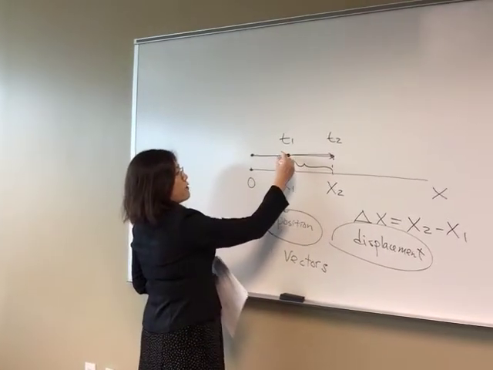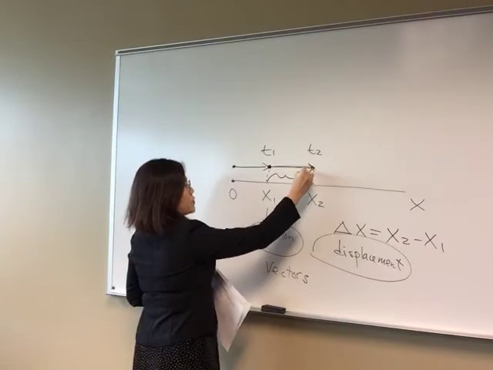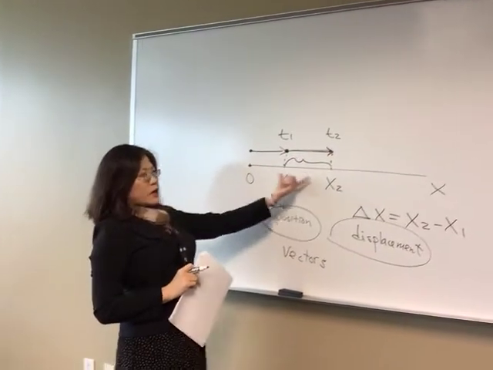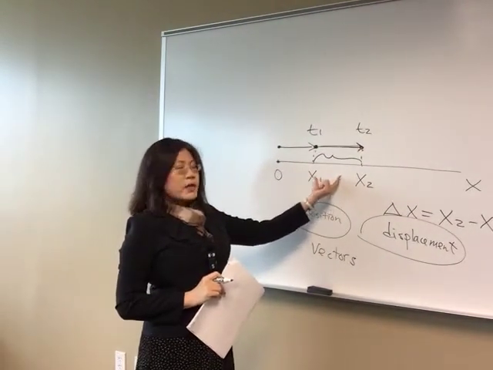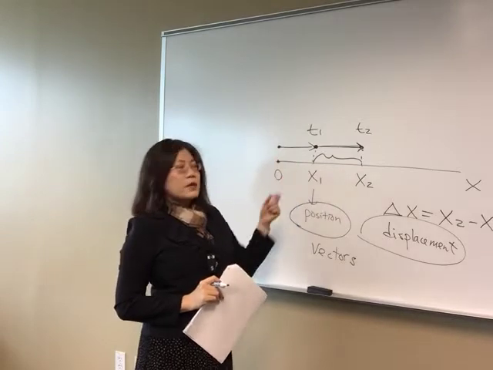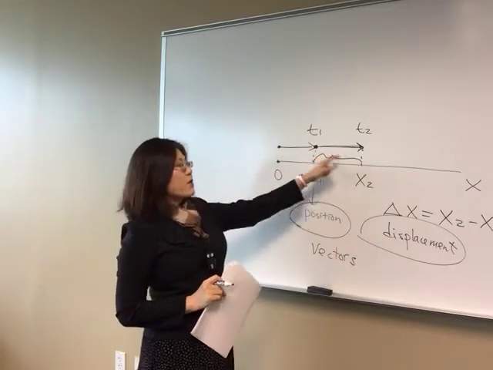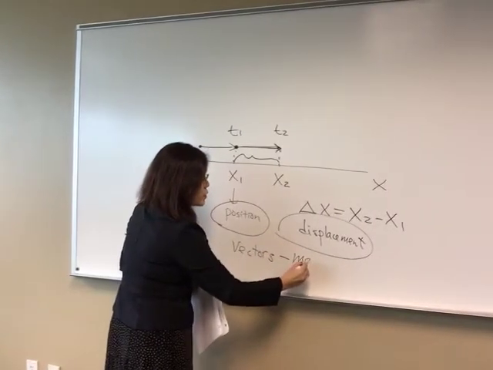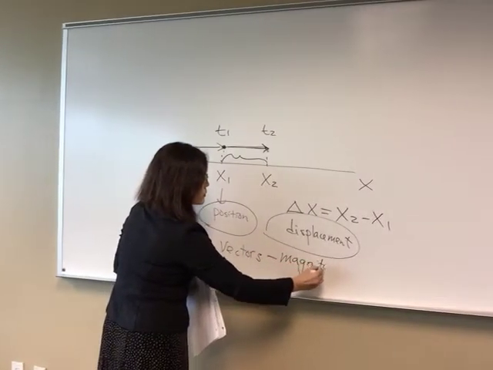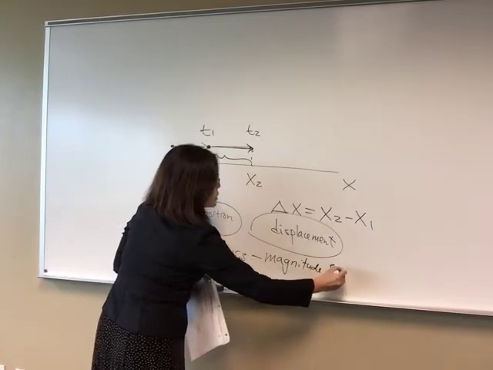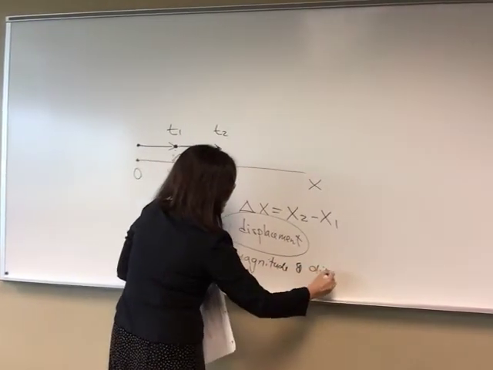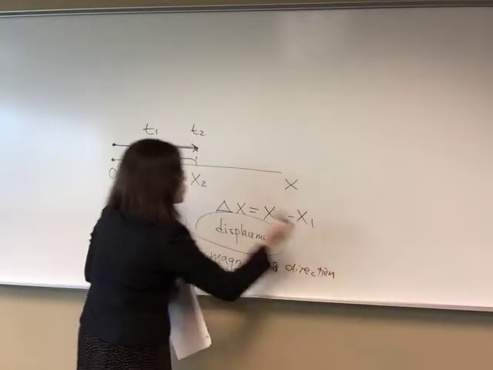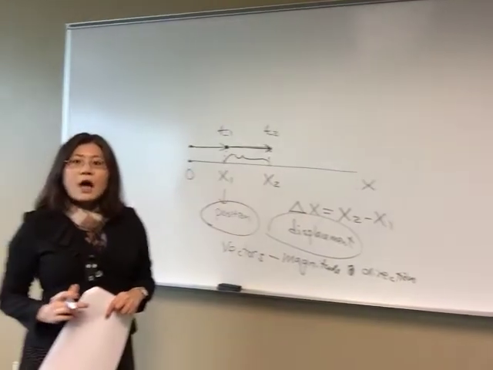This object going from x1 to x2 comes with a magnitude, the distance or displacement, and also a direction: it's going rightward instead of leftward.